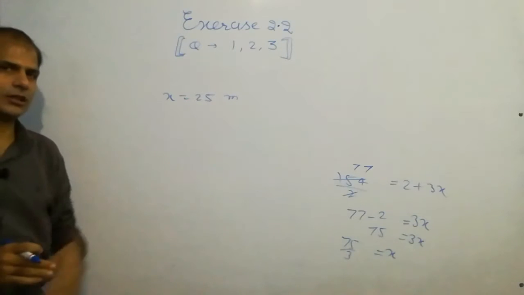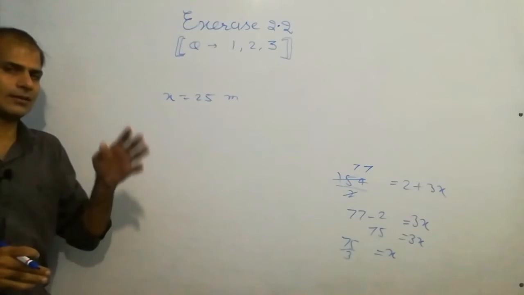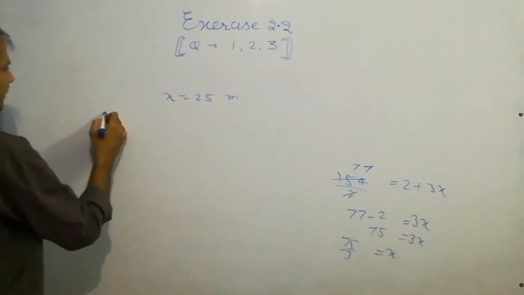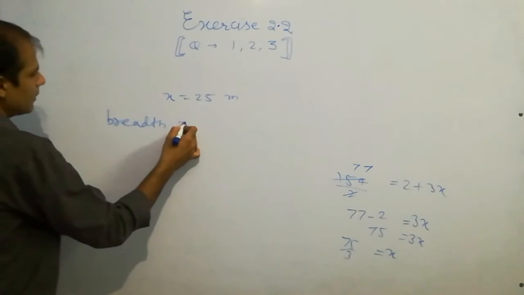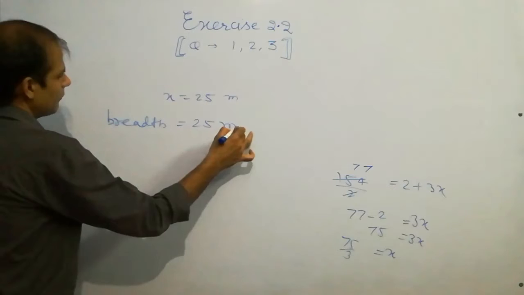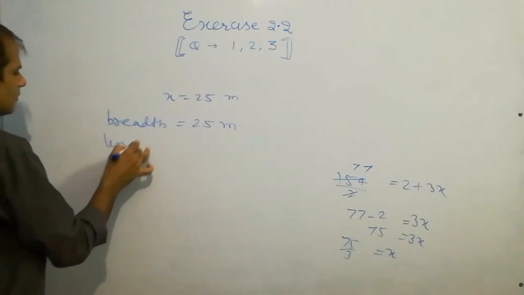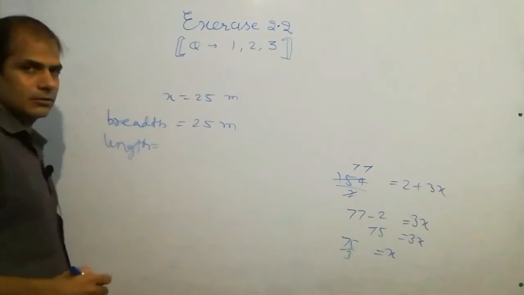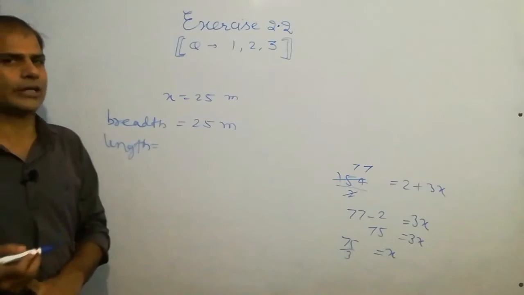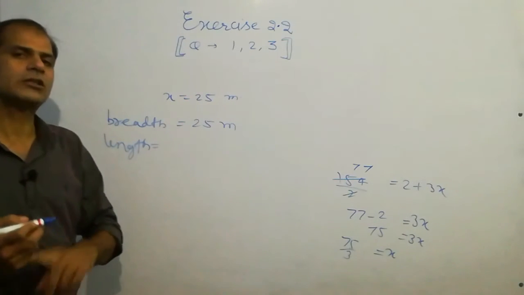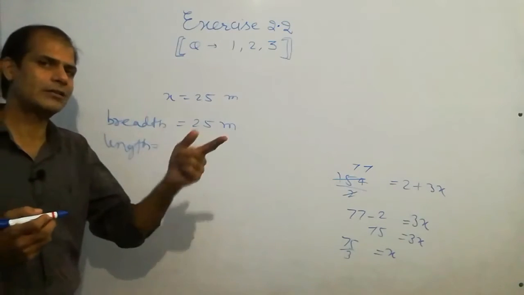What is x? In the beginning of the question we assumed that x is the breadth. So we can say breadth equals 25 meter, and what is length? How will you calculate? Length was 2 plus 2x because it was 2 more than twice the breadth.